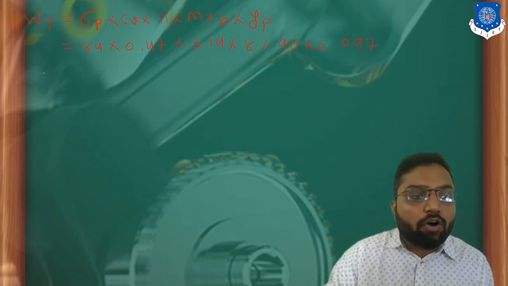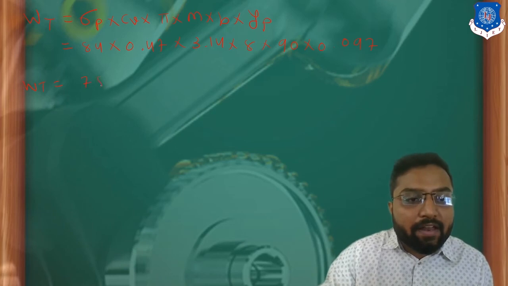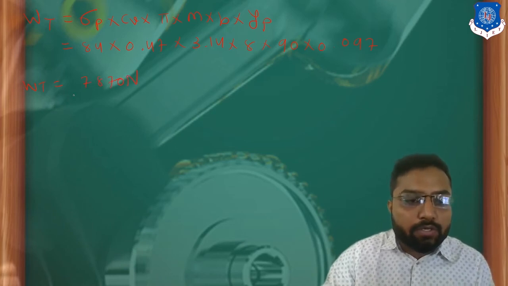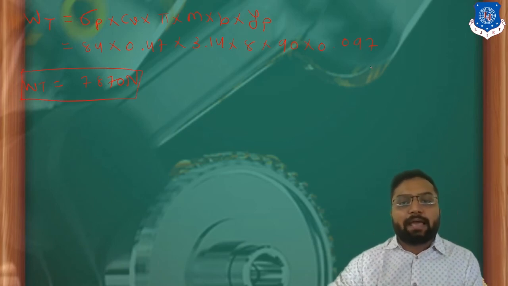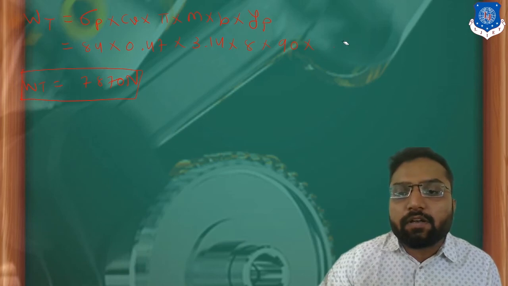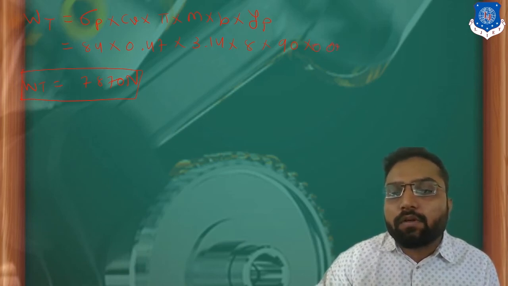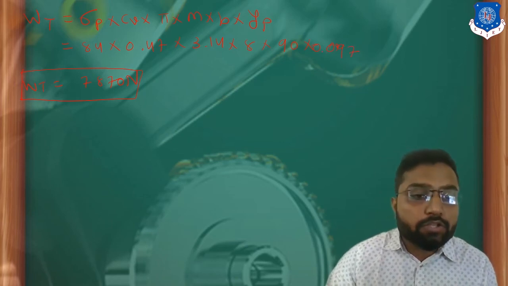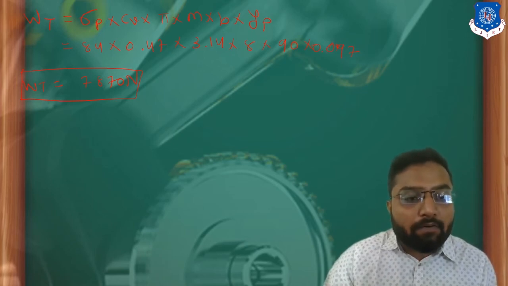Clear? So this WT is going to be 7870 newtons after multiplying with this equation. Now, depending on this, we have to find out power.